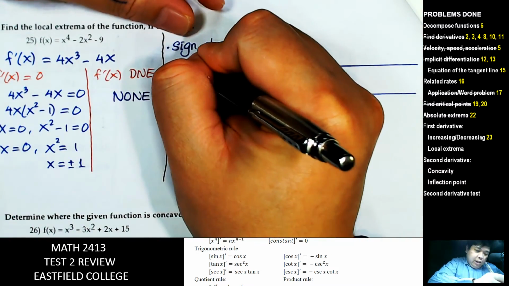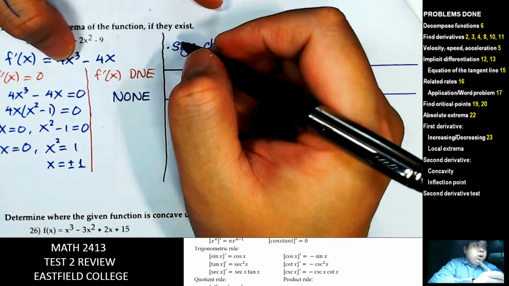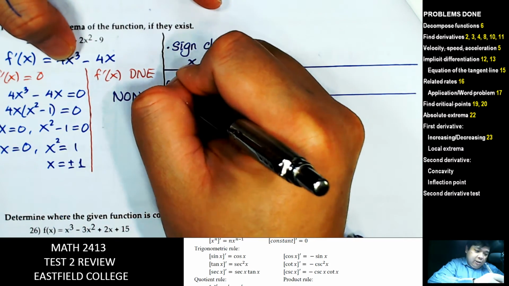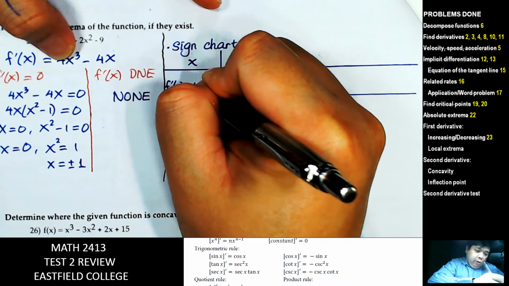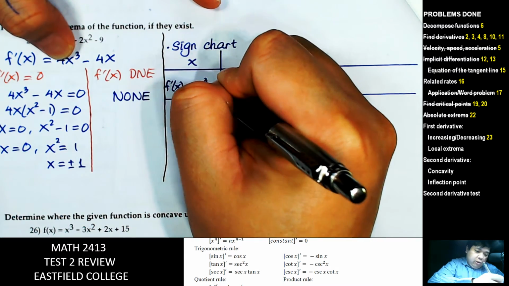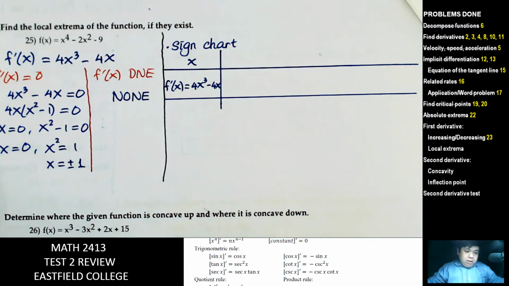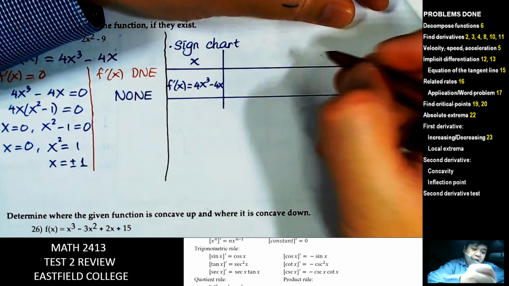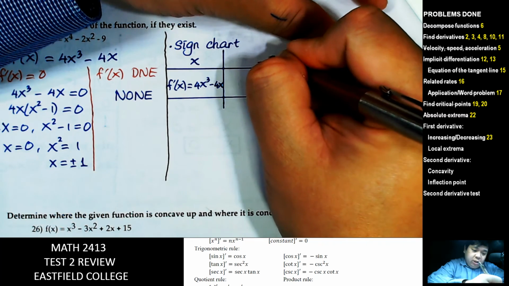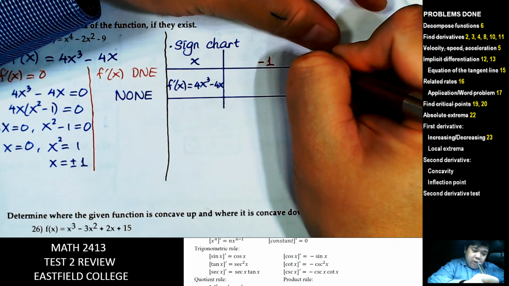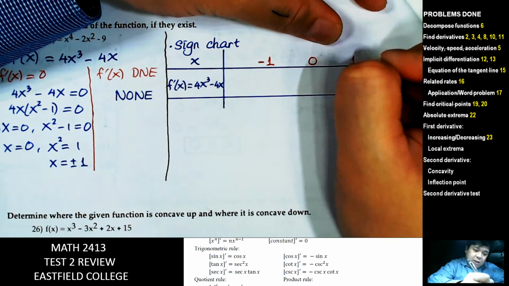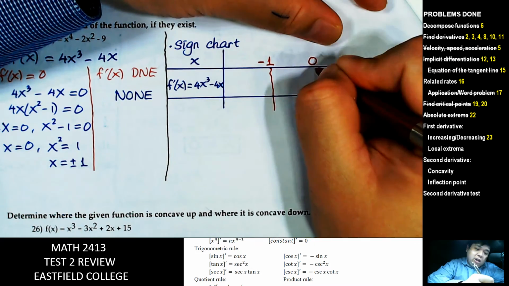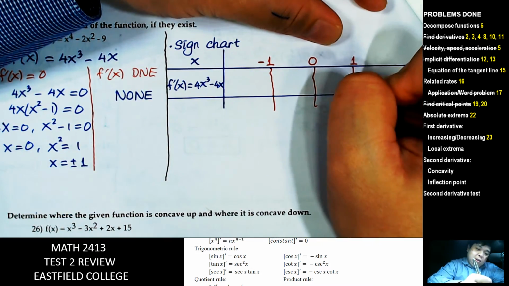On the sign chart here we use the derivative 4x cubed minus 4x. The points we have are 0, negative 1, and 1. We just need to put them in the right order: negative 1, 0, and 1. The scale doesn't matter here.